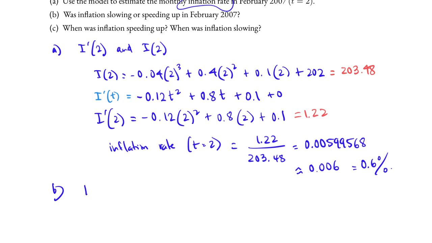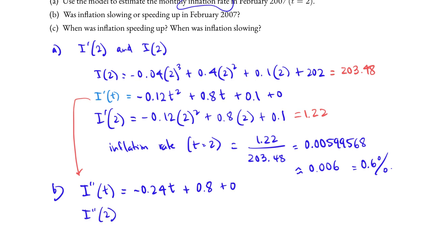The second derivative, I''(t), is the derivative of -0.12t squared, which is -0.24t. The derivative of 0.8t is 0.8, and the derivative of 0.1 is 0. Then we would plug in 2 into I''.